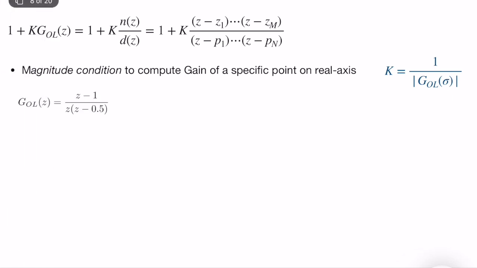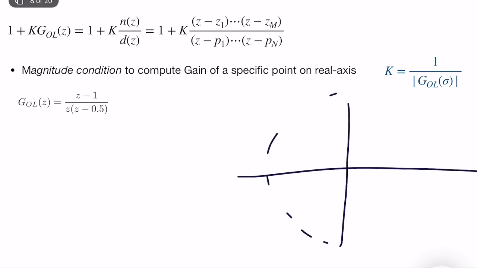Okay, so we have 2 poles and 2 zeros, very similar. Is it the same? No, it's not the same. I have 2 poles and 1 zero, sorry, so it's even better. Let's draw the unit circle. I have a zero at z equal to 1. I have a pole at the origin, and I have another pole at z equal to 0.5.